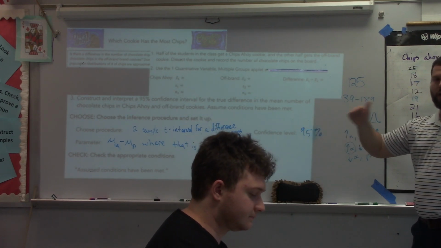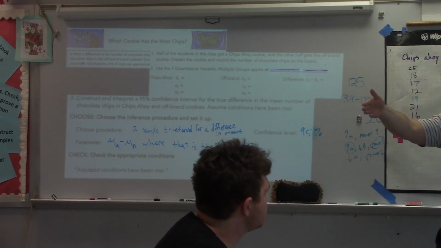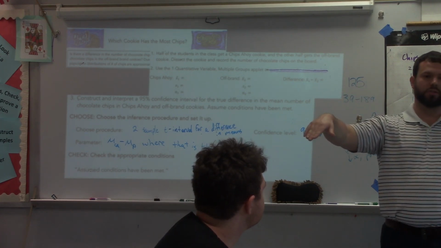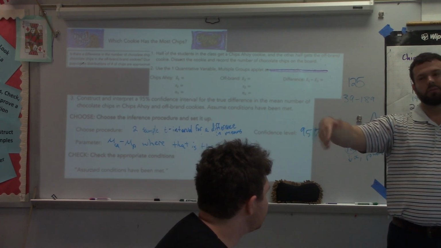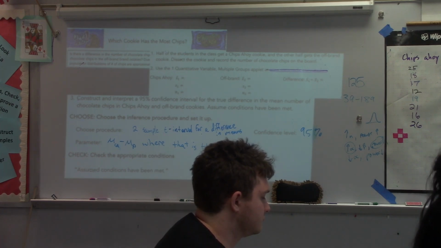Is it fair to say the number of chocolate chips in a Publix cookie is independent of what's in Chips Ahoy? Yeah, they don't really affect each other. So you have to say that both are random samples and they are independent.